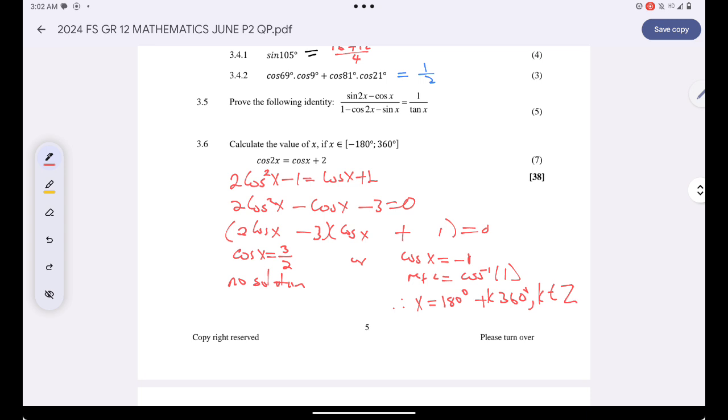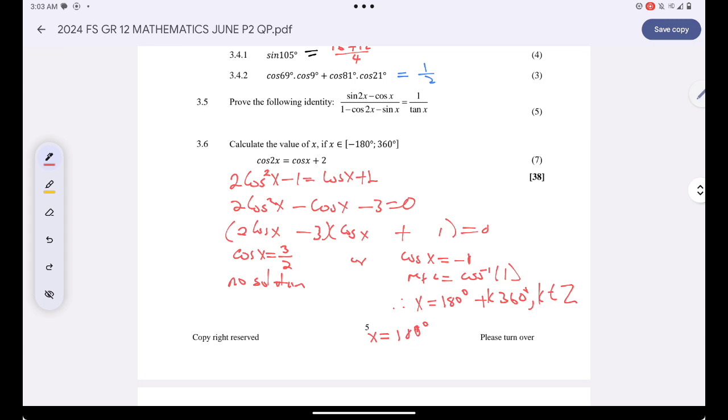But since we are given the restriction, that means we must substitute the values of k that will give us the answer within that restriction altogether. Firstly, when k is 0, when we place a 0 whenever you see k, we'll get 180 degrees altogether. And then when k is equal to 1, we'll get 360 plus 180, which is a number that is greater than 360, so we'll ignore it.